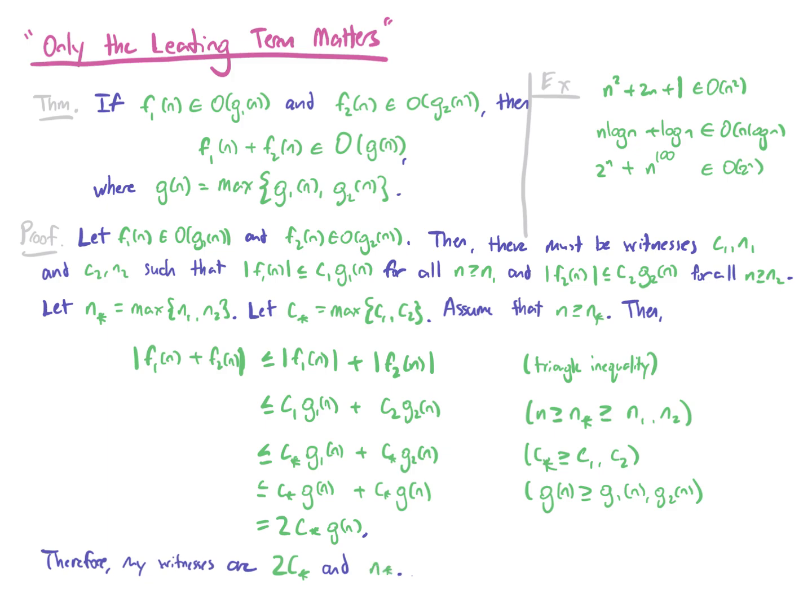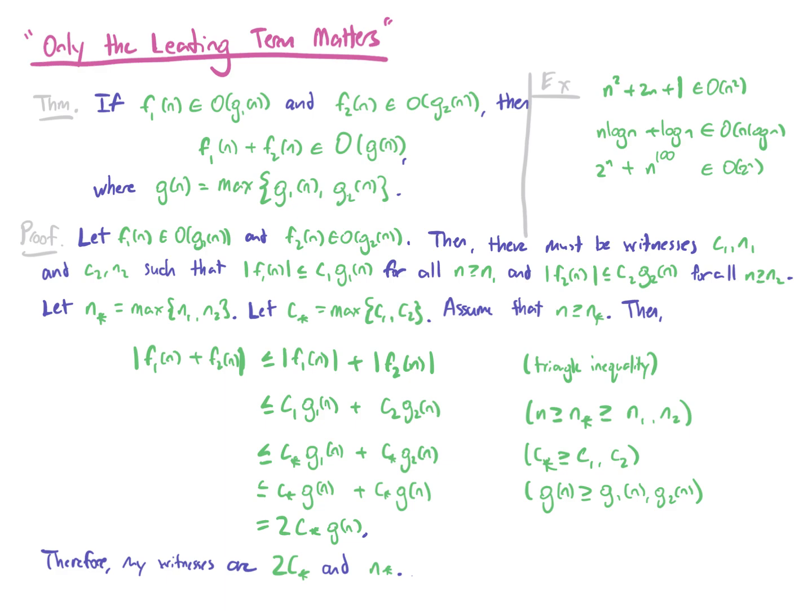Those are my witnesses for any choice of n greater than n star. This absolute value is bounded by 2C star times g of n. So I've proven that this sum, f1 of n plus f2 of n, is in big O of g of n. In other words, whichever the bigger big O relationship is, that one is the one that's going to dominate the sum. This is the mathematical content, the formal proof behind the idea that only the leading term matters.